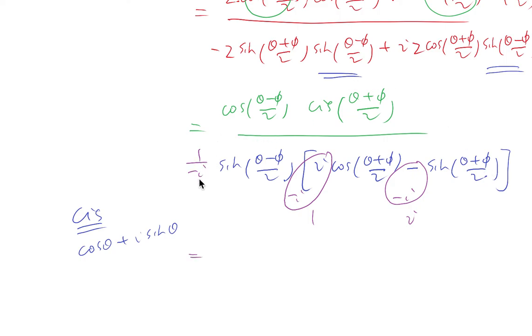And then 1 over minus I is overall just a minus I, right? So we have minus I.